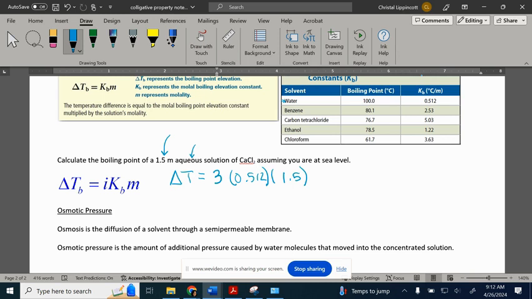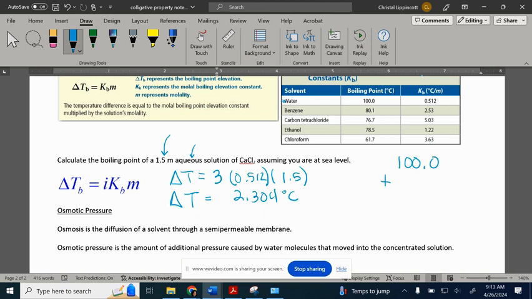So I get a delta T value of 2.304. That's degrees Celsius. Now, this is boiling point elevation. So now, instead of subtracting, we are going to add.